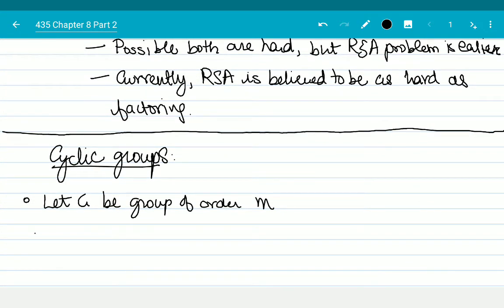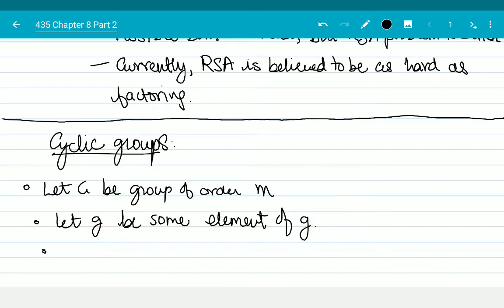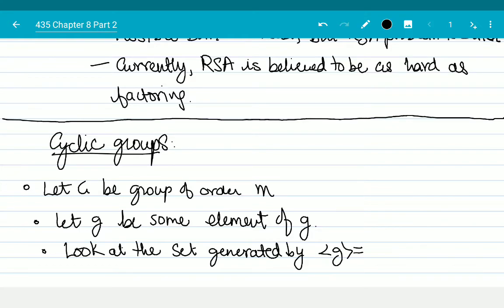Let g be some element of G. Then look at the set generated by g, which is equal to g to the 0, which is 1, g to the 1, g squared, dot, dot, dot.